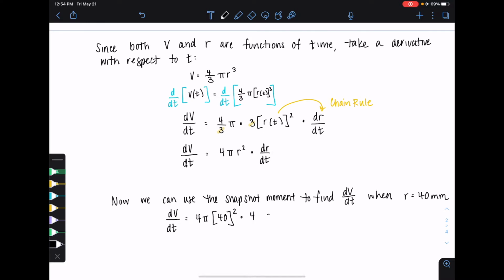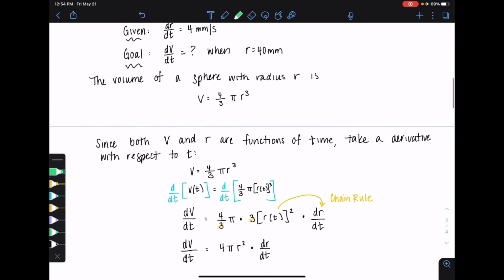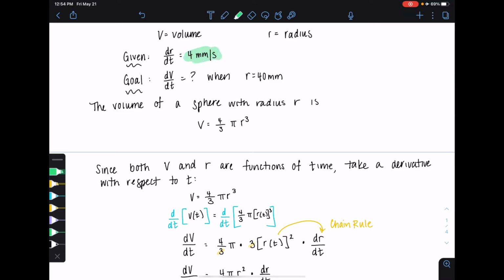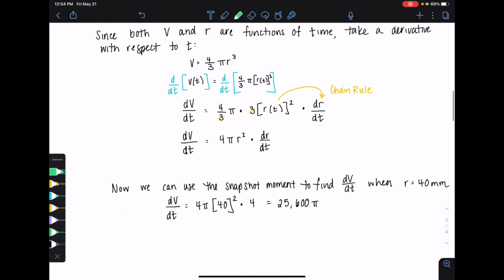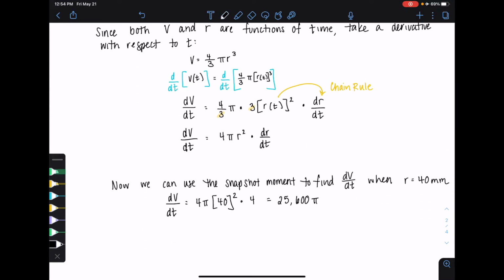Okay. So going through all that, 40 squared times 4 would give you 25,600 pi. Now remember, dr/dt has units, it's millimeters per second. So my volume is going to have units millimeters cubed per second because it's a volume.